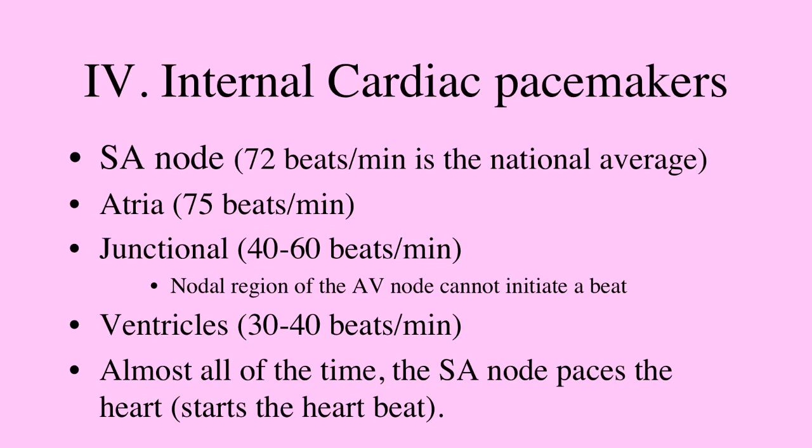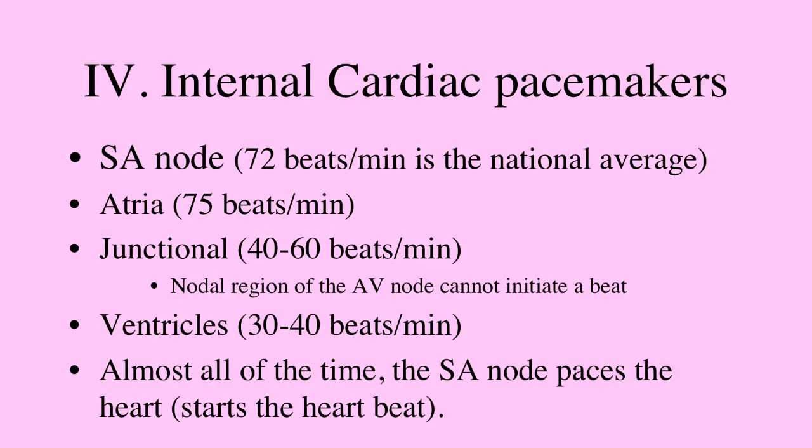But if you do have these backup internal cardiac pacemakers, the title of this slide, you can have this in the atria at about 75 beats per minute, junctional area, which is right around the AV node, at around 40 to 60 beats per minute. And this is often called nodal backup instead of junctional, but the term nodal is really not quite accurate because the nodal region of the AV node really cannot initiate a beat.